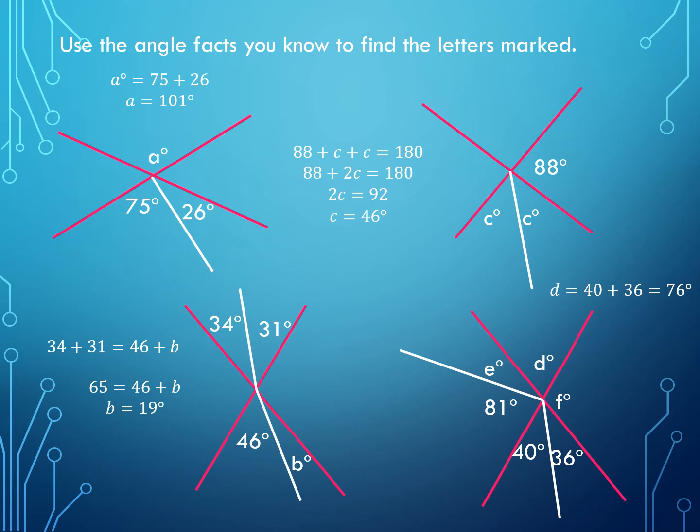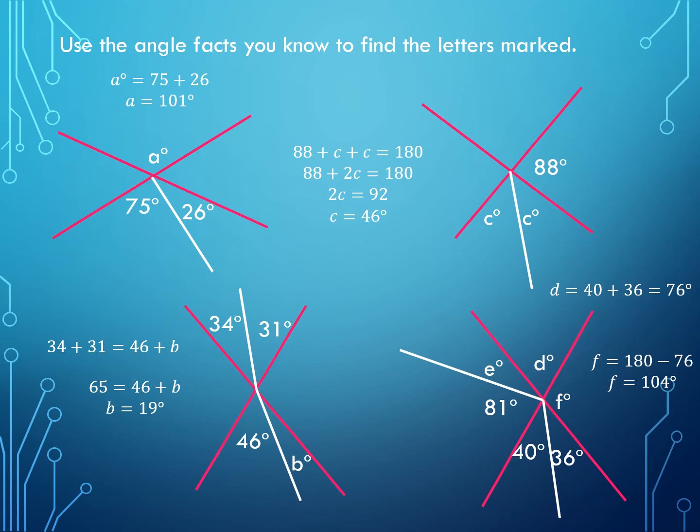Next one I'm going to have a look at is F, just because I think it's a little bit simpler to work out. I've got two sections next to each other, and they need to add up to 180. And so I've got 76 in one section, and so 180 minus 76 means that F has to be 104. Okay, so have a look at section D up the top at 76, and that plus 104 gives me the 180 that I need.